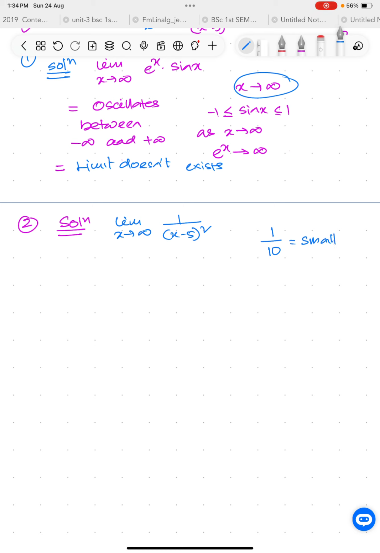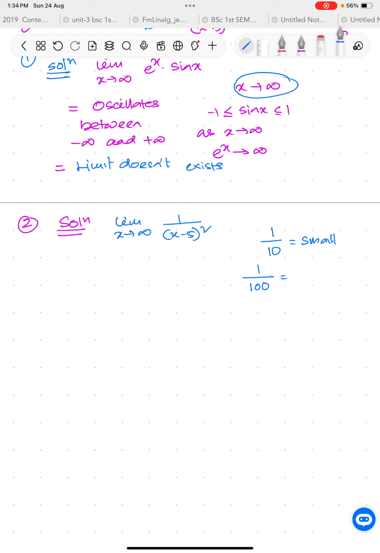Now if we again divide the same number, 1, by another bigger number, this time 100, what are we going to get? Another small value that will be smaller than the previous value.